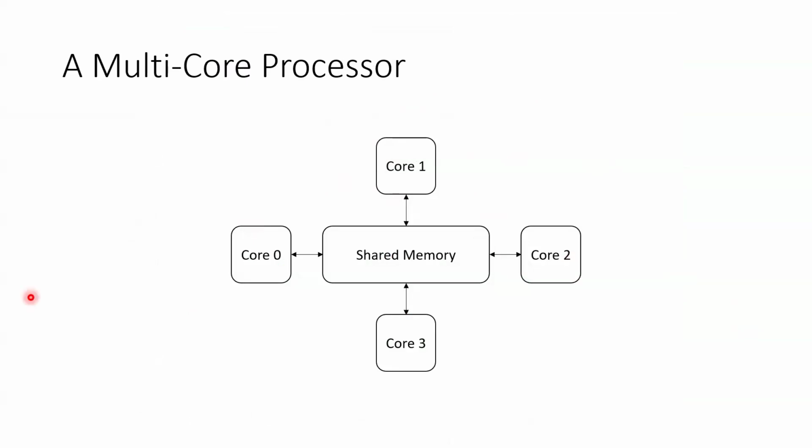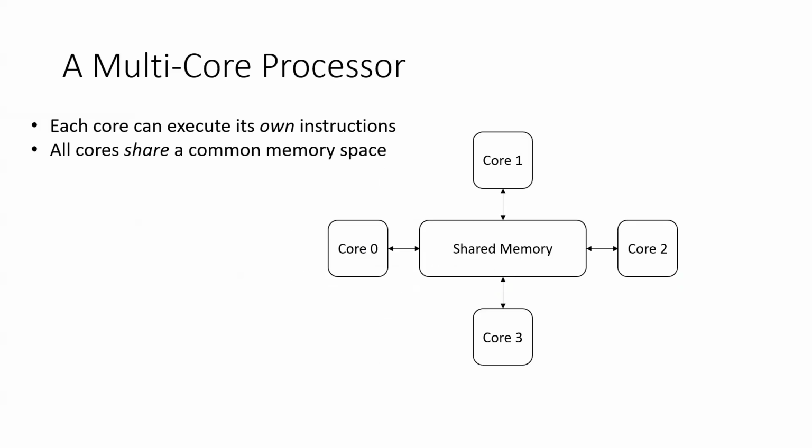This is an example of a 4-core processor. We have 4 cores. Each core has its own processing unit, its own cache, and all 4 cores communicate to a shared memory space. Each core can execute its own instructions. All cores share common memory space.